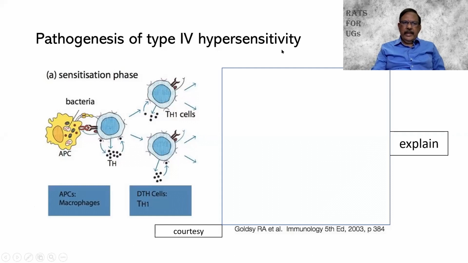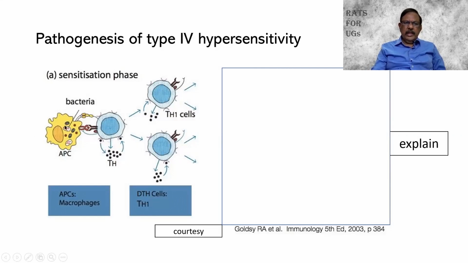I shall be explaining the pathogenesis of type 4 hypersensitivity. There are two stages of it. One is called the sensitization phase, in which the bacteria or the protein is introduced and taken up by the cell.